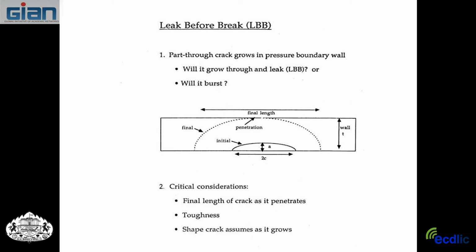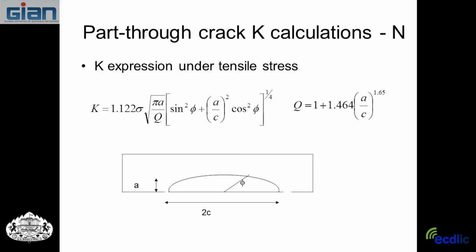Now, you remember the part-through calculations we did way back, I guess Monday, and we were saying how the K varies around the crack because at 90 degrees, sine is 1, cosine is 0, so at 90 degrees you get a 1 here, but at 0 degrees you get a 1 there.